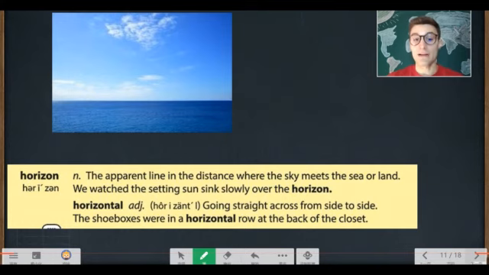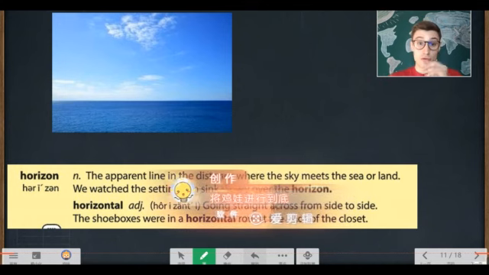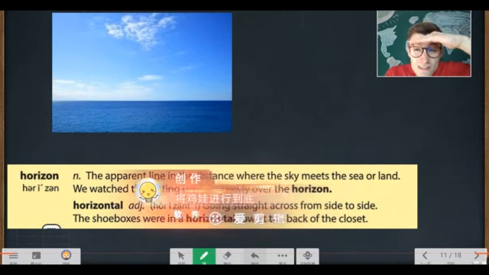It's the apparent line in the distance where the sky meets the sea or land. Can you draw a line on the horizon? It's the line where the sea or land meets the sky. The horizon. Can you see the boat on the horizon?